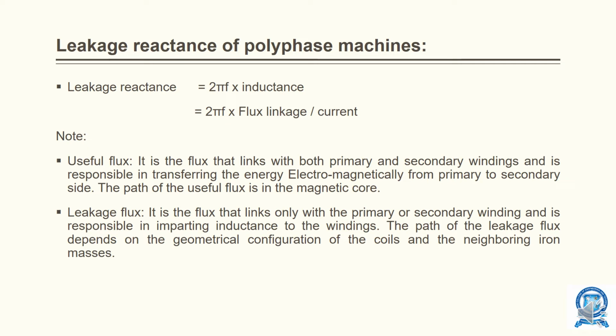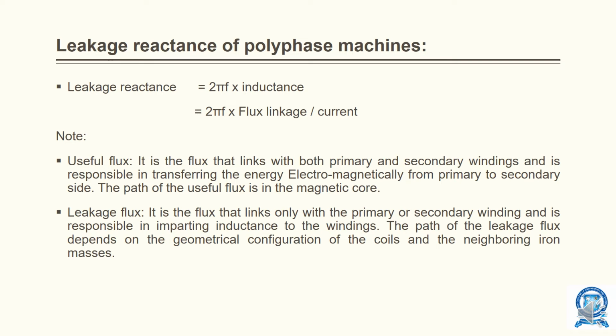Useful flux is the flux that links with the primary and secondary windings and is responsible for transferring energy electromagnetically from the primary to the secondary side. The path of useful flux is in the magnetic core. The second flux is the leakage flux.